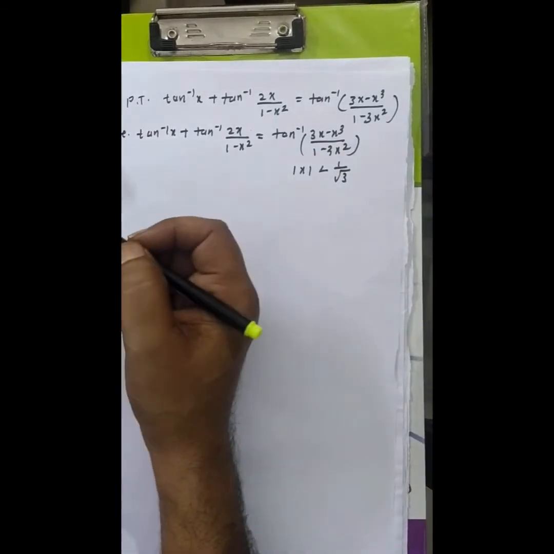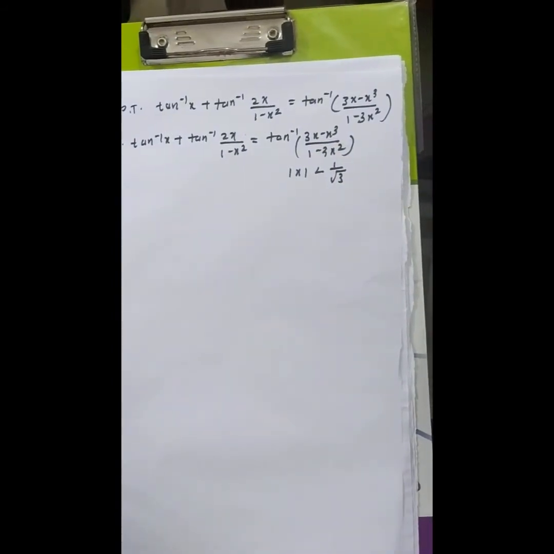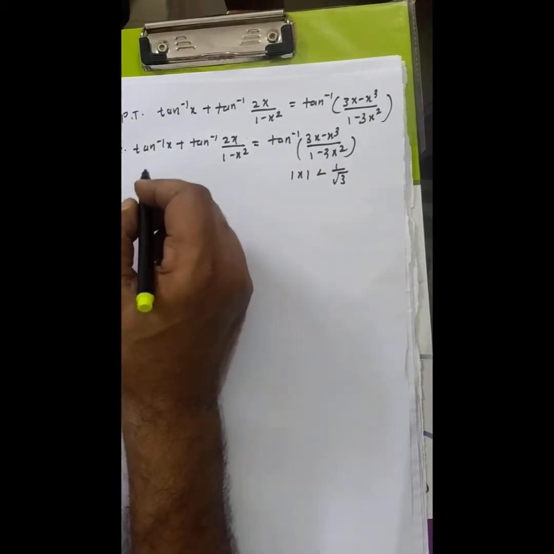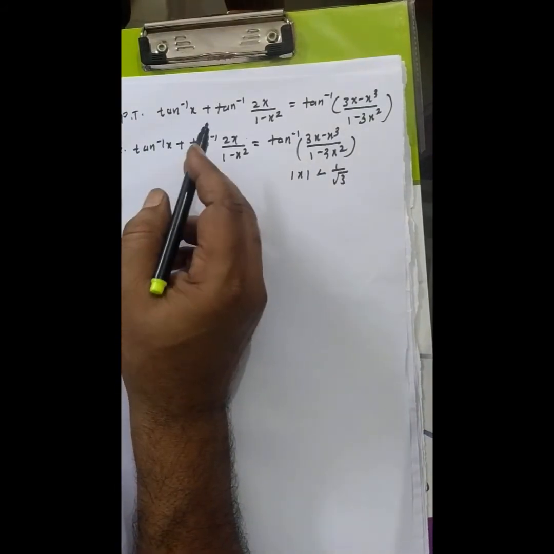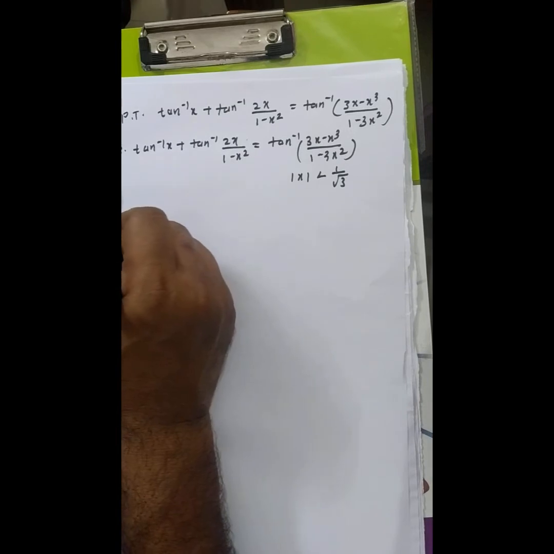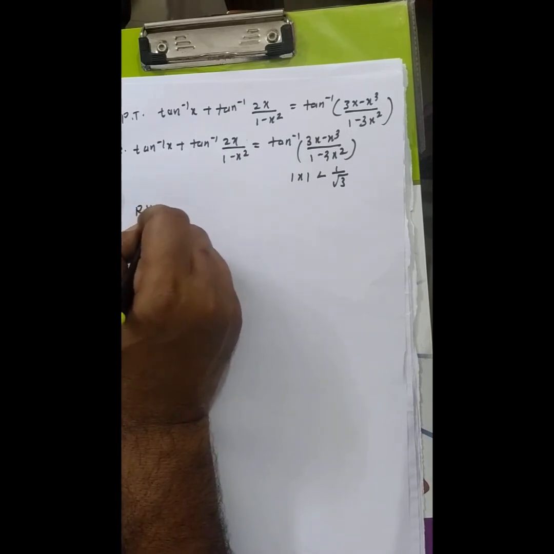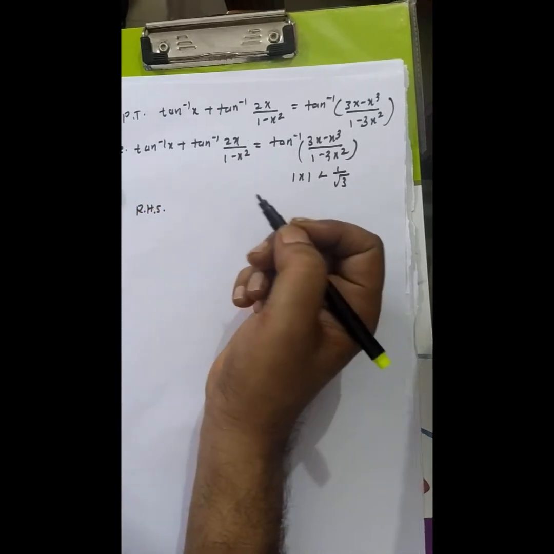So this is the condition. Now here we will take the right hand side. It will be easy. Even though there are more terms in the left hand side, we will go for the right hand side, RHS.